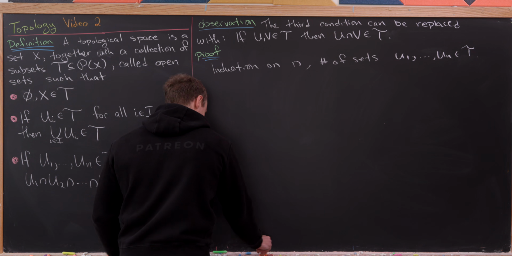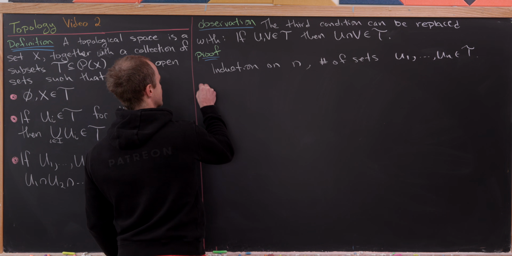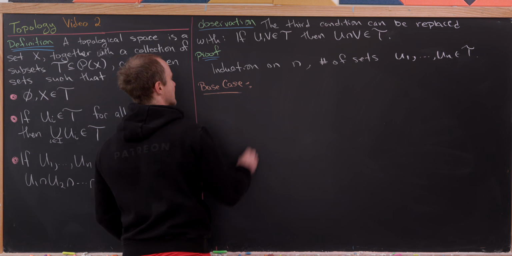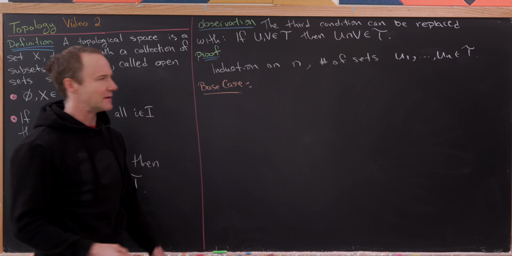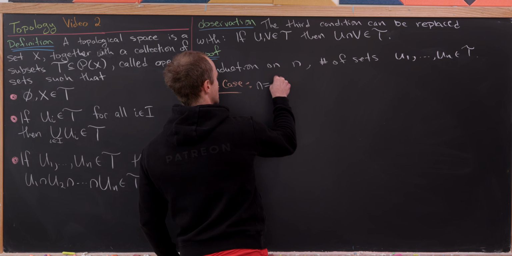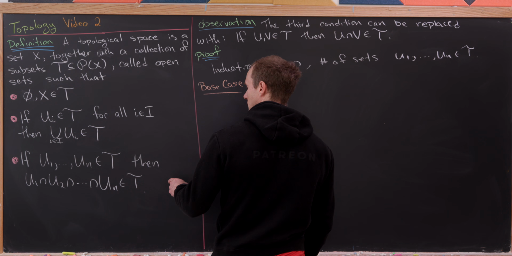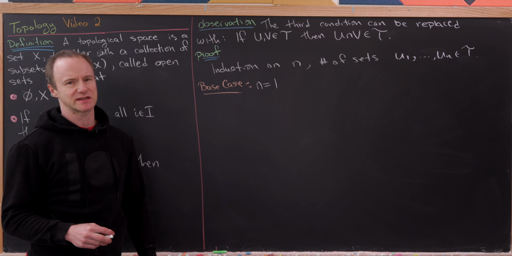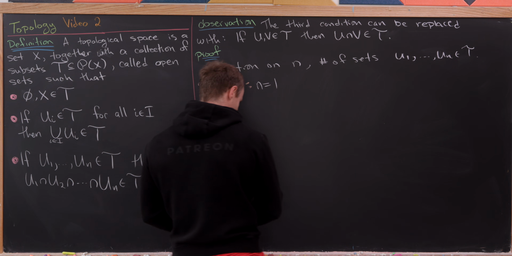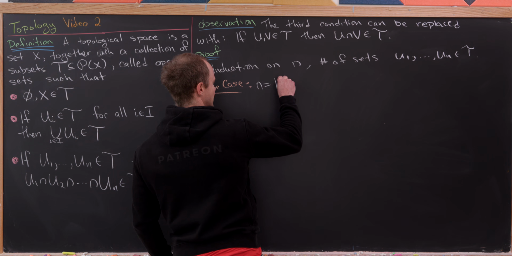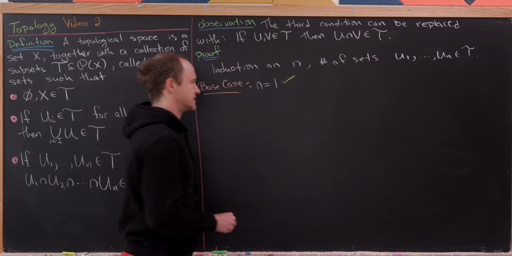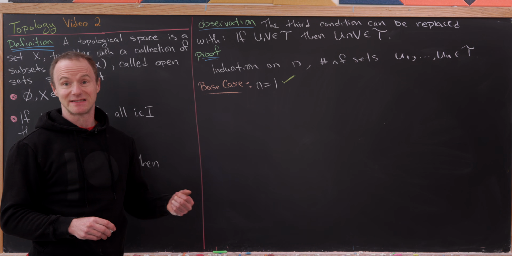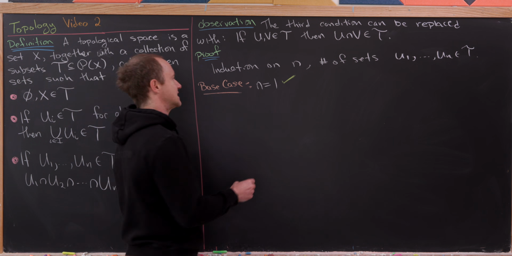where n is the number of sets U_1 up to U_n inside of T. Anytime you do an induction proof, you always need a base case, and after that base case, you need your induction step. The base case here is n equals 1, but if you have one set, there's nothing to intersect it with, so this is kind of obviously true. Maybe I'll just put a check mark here to say that that's true in some silly sense. Now might be a time when we want to look at a second base case, even though it isn't strictly necessary.